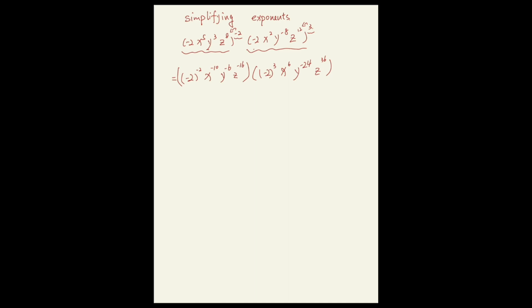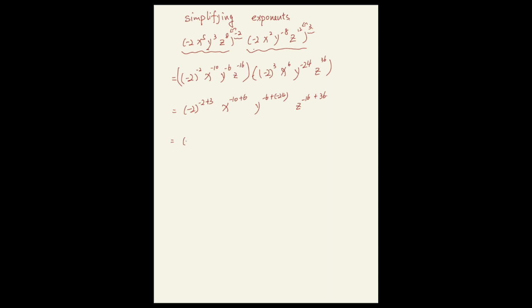And then because this is times, the exponents add, and we can do the negative 2 plus 3, and the x negative 10 plus 6, y negative 6 plus negative 24, and for the z negative 16 plus 36.